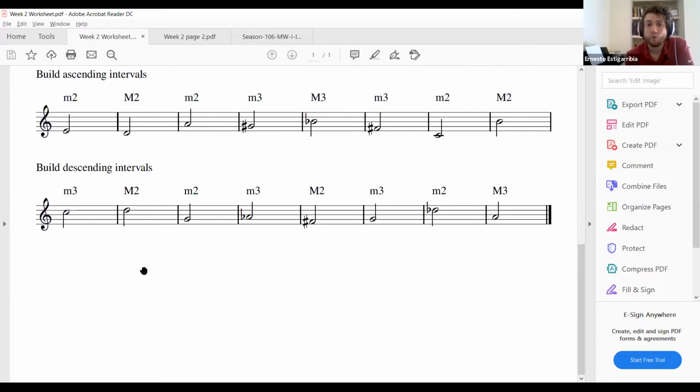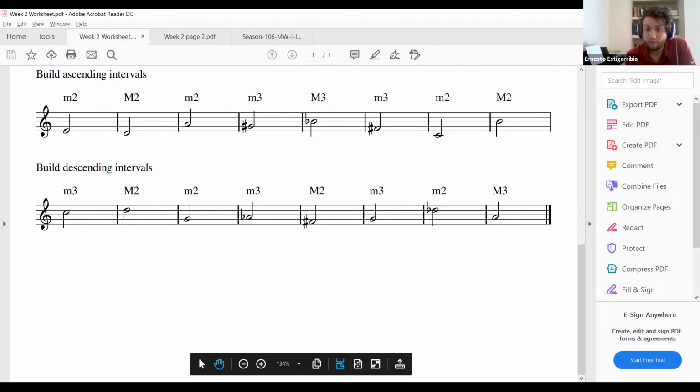Okay, let's quickly go to the other thing here. We're gonna do some solfege now in bass clef. So if you go to the second page of your worksheet.